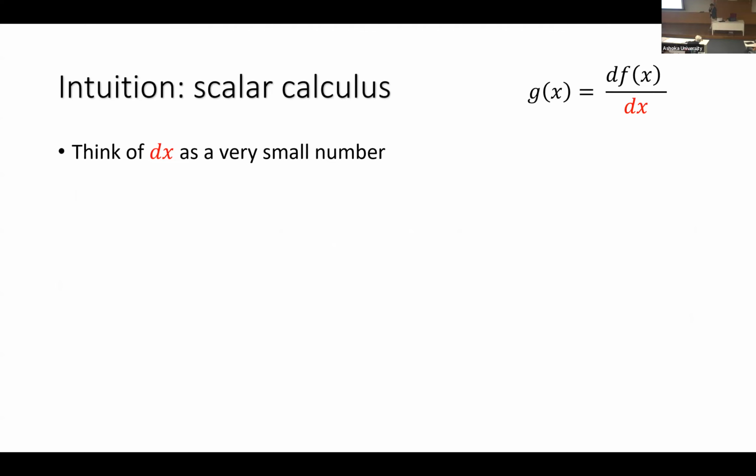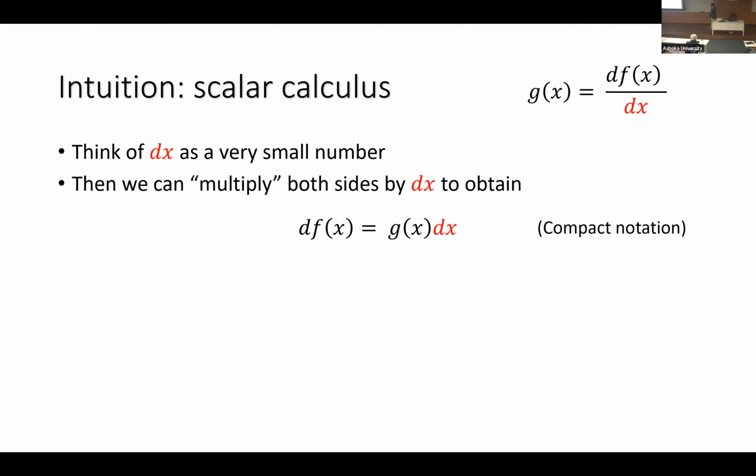One way to think of dx is a very small number, instead of an infinitesimally small number, just a very small number. And therefore we can multiply both sides by dx, and therefore df(x) is g(x) dx, right? So what is the intuition for df(x)? df(x) is f of x plus dx minus f of x, right?